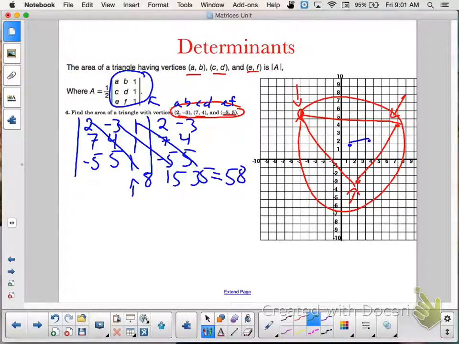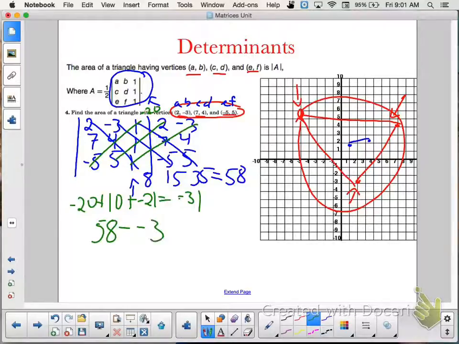If I go the other direction, -20 plus 10 plus -21, which is -31, and then we just do the same equation. So 58 is my first one, minus -31, or plus 31, gets me 89.